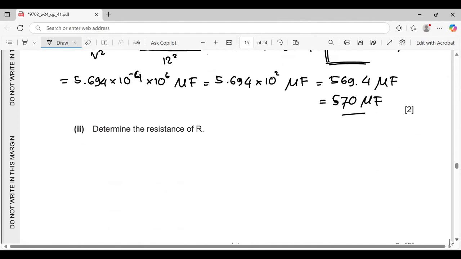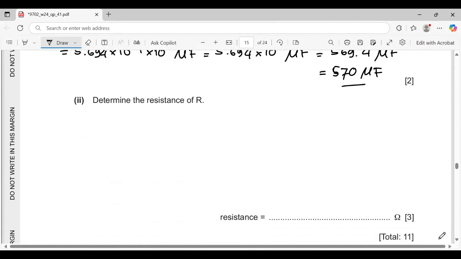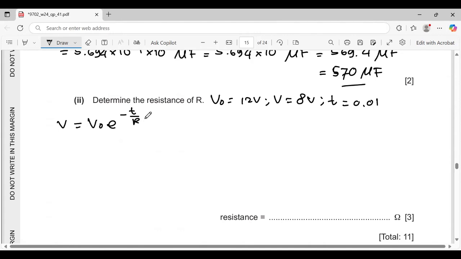Next question. Determine the resistance of R. From the previous information, we got that the initial V is 12 volt and V is 8, and then t equals 0.01. So I will use the formula V equals V0 e to the power minus t over RC.